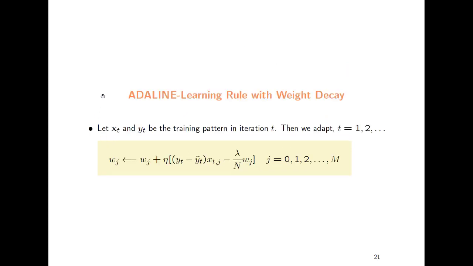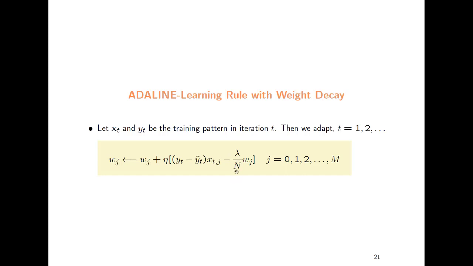We can also change the online learning rule to take care of this regularization. At each update, we go in the negative direction of the gradient, and we also subtract w divided by n times wj.